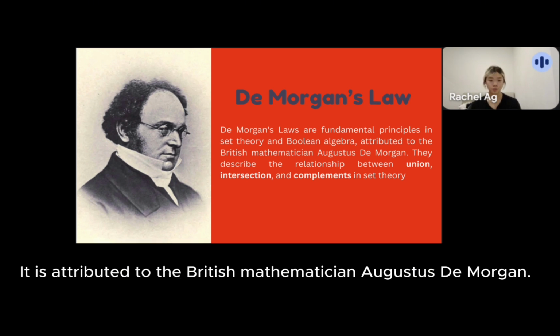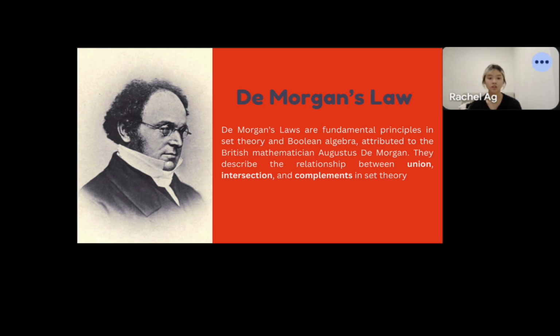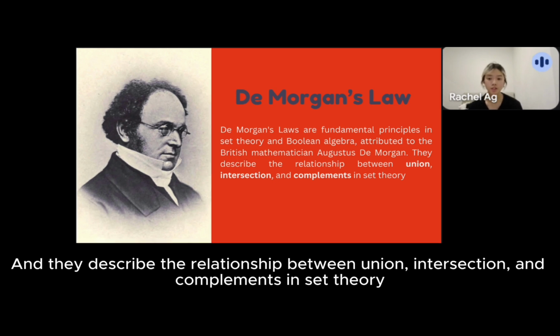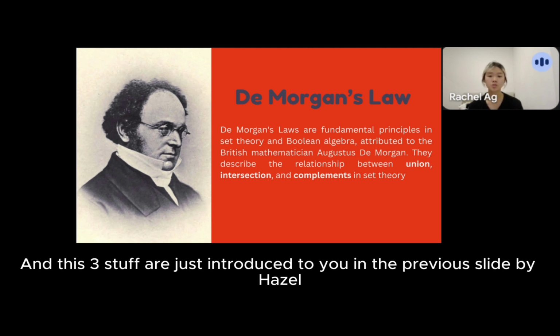It is attributed to the British mathematician Augustus De Morgan, and they describe the relationship between union, intersection, and complements in set theory. And these three were just introduced to you in the previous slides by Hazel.